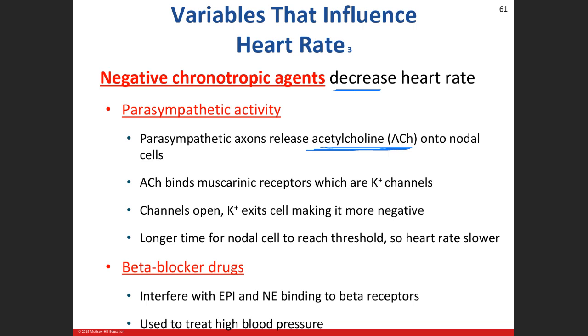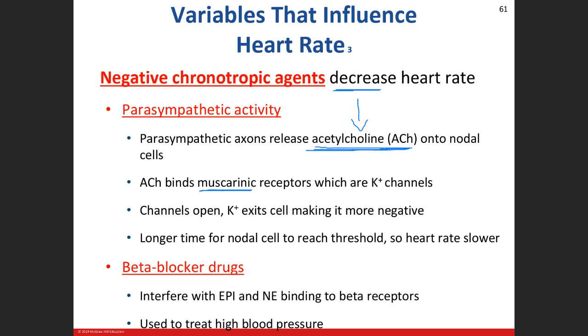In the autonomic nervous system, when we're dealing with a lot of those neurons, we're dealing with acetylcholine. Sympathetic releases norepinephrine, but here with the parasympathetic, we're going to release acetylcholine. It's just another neurotransmitter in this case. And we're going to deal with a different type of receptor called muscarinic.